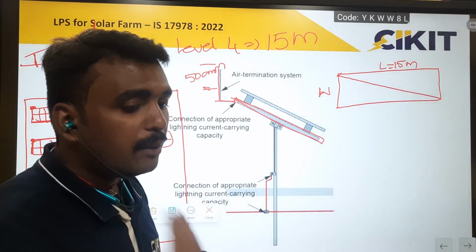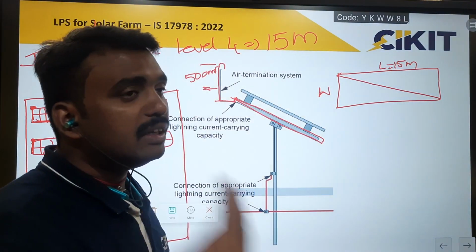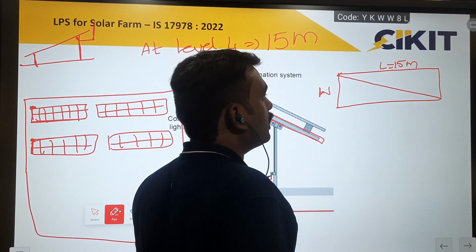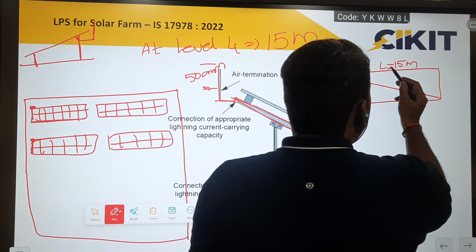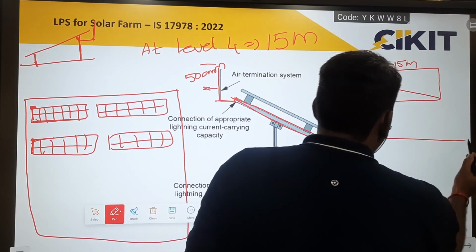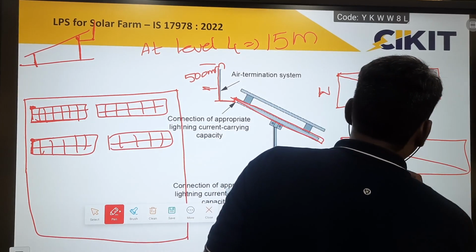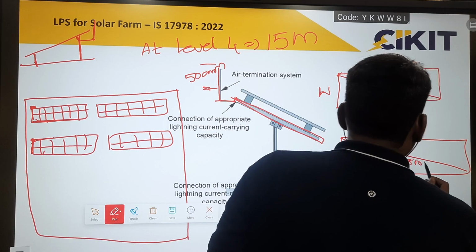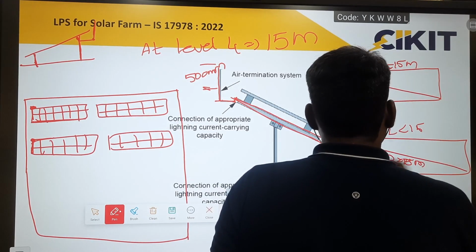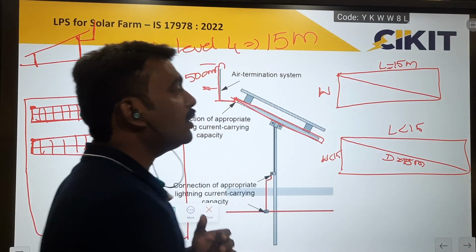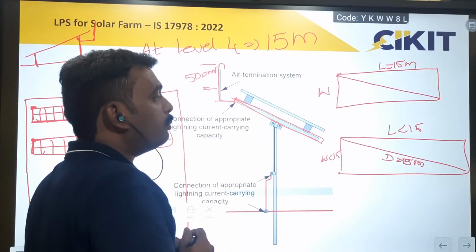If I roll the imaginary sphere along the diagonal, the sphere will make contact with the panel that is to be protected. So it is not recommended to maintain this 50 meters along the length. In the other case, if I maintain 50 meters along the diagonal, then both the length will be less than 50 and the width also will be less than 15. In this case, if I rotate the sphere in all directions, the sphere won't make contact with the panel to be protected.